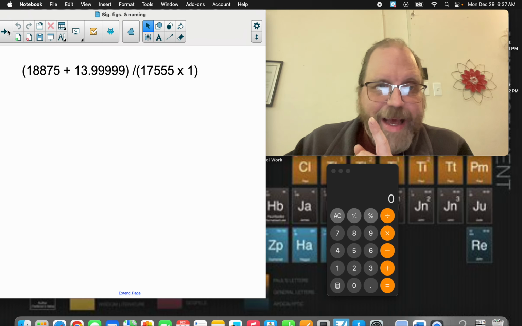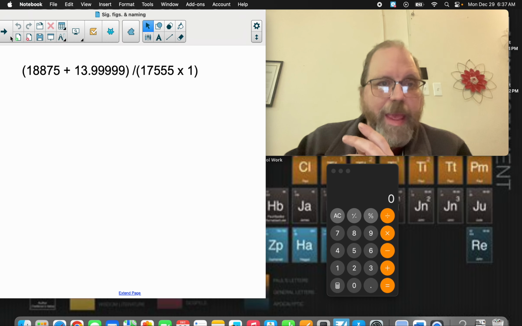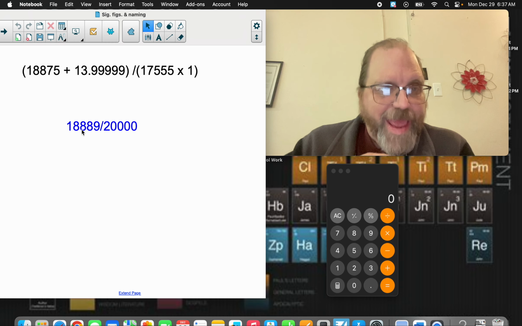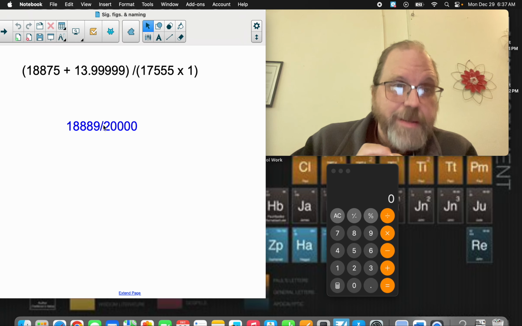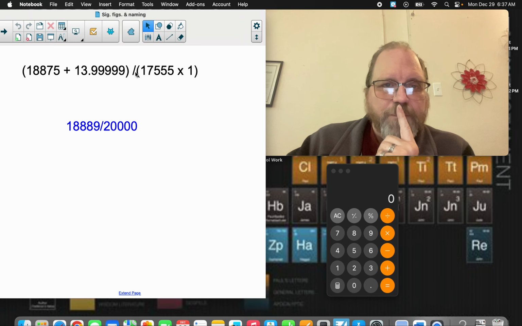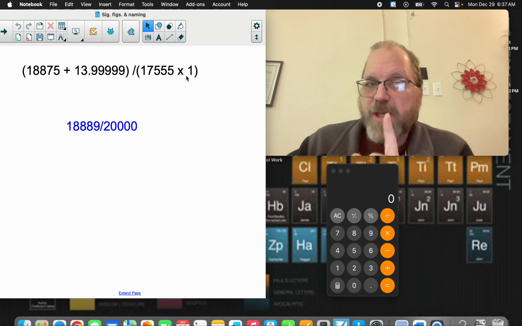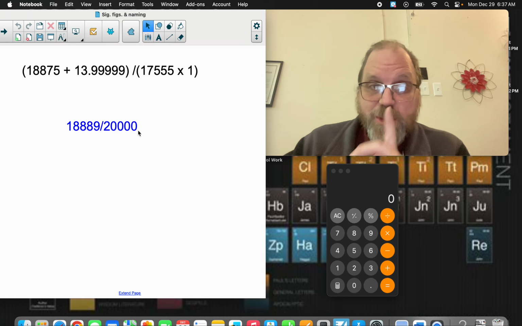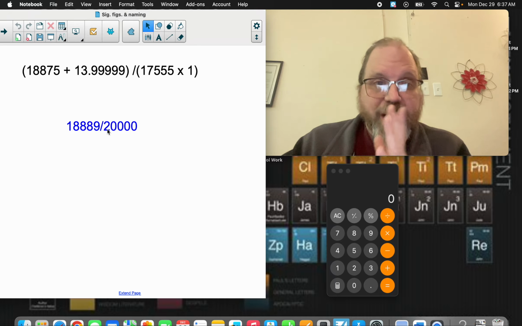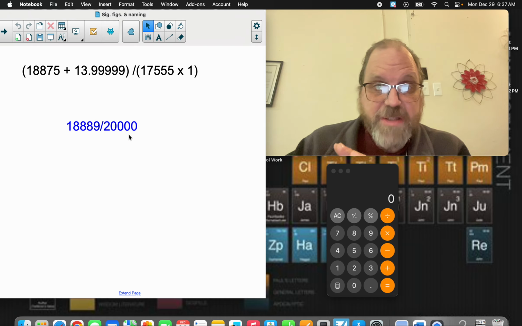So all these 9s are just going to round up. And I'm going to end with 18889. And then if we multiply this, well, the number is 17,555. But because I only have 1 sig fig times 1, I'm only accurate to 1 sig fig. So 20,000 is as certain as I can be as a number.